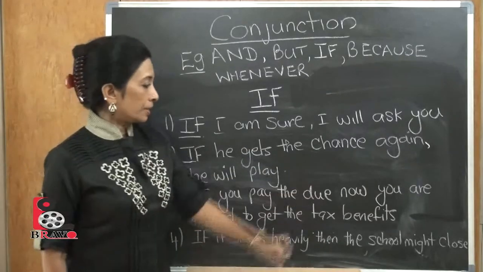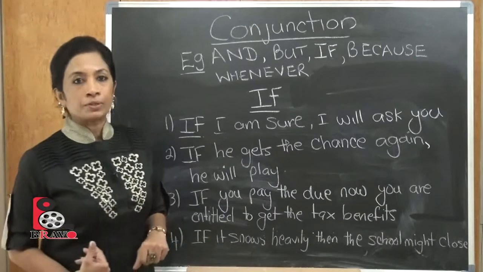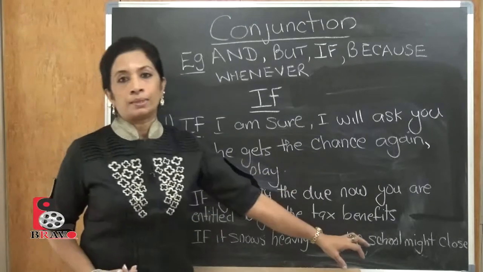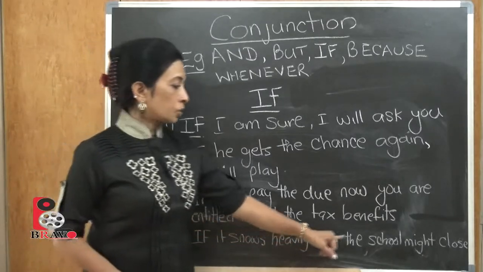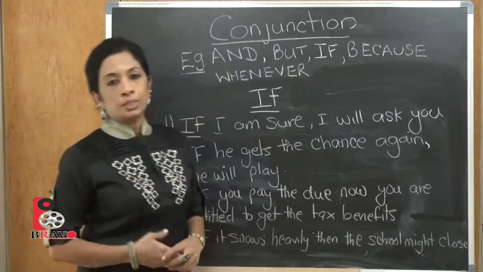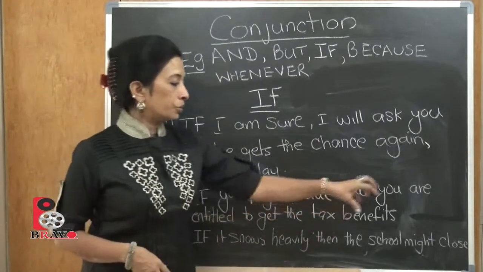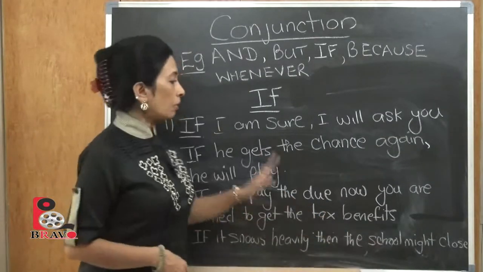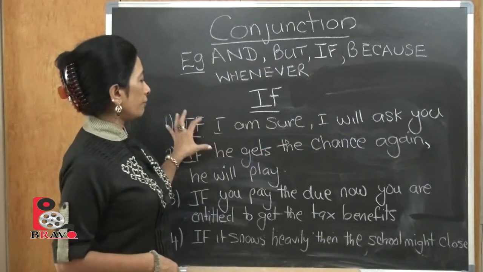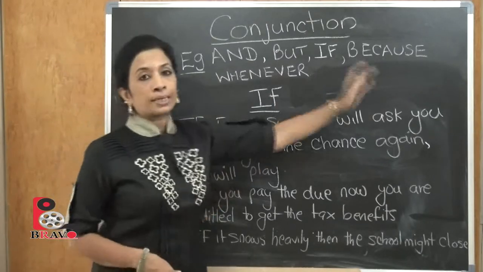So you have to do something to get something. If it snows heavily, the school might close. So first of all, the snow should come heavily enough for the school to close. But if this happens, that may happen. So the conjunction word if is always with one part of the demand or one part of the surety to get the second part of that.